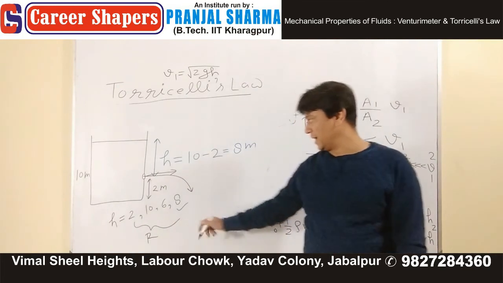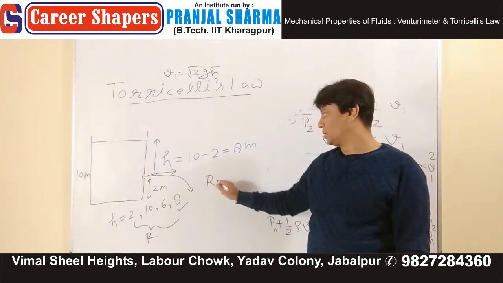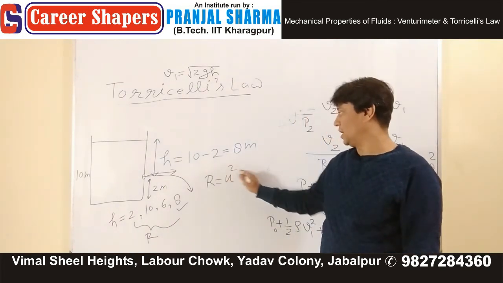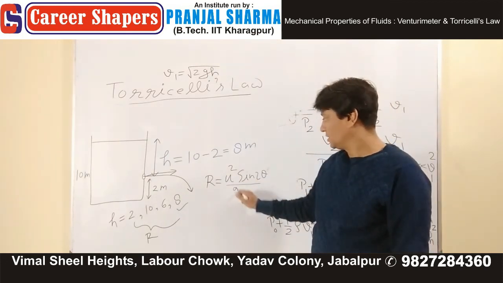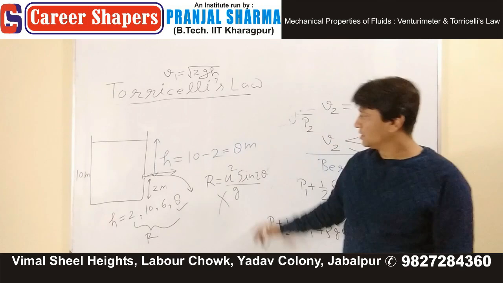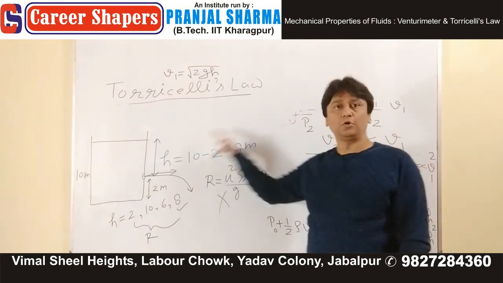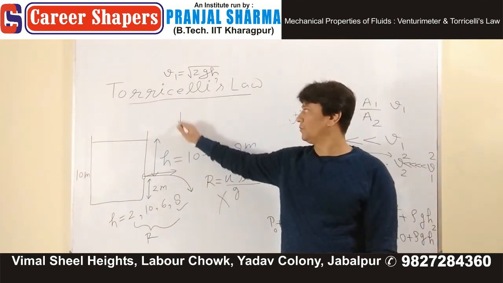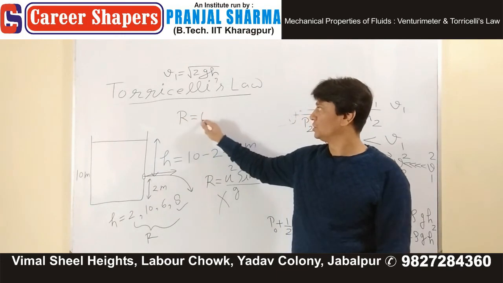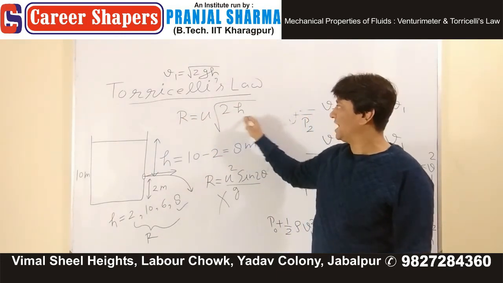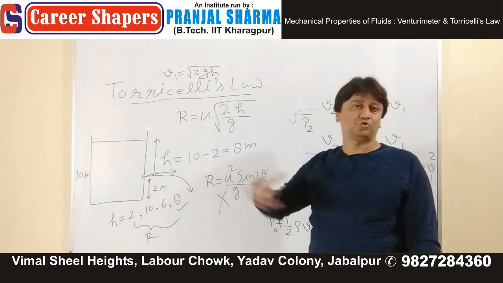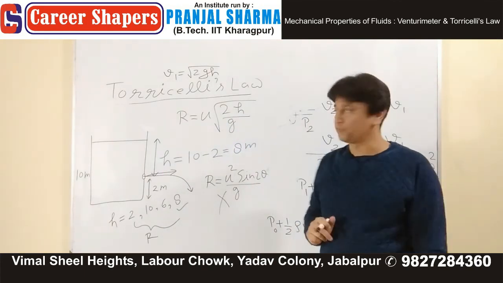You're looking for range. You cannot use u squared sine 2 theta upon g; this is used for ground to ground projection. The formula we need to use is u times root over 2h by g. There are so many h, so you need to be careful.